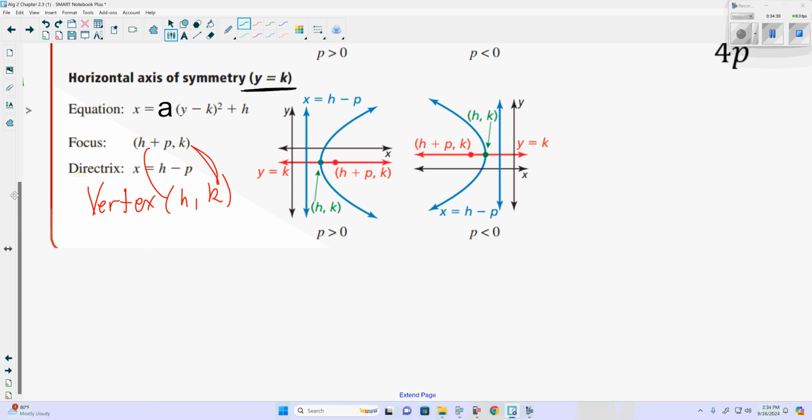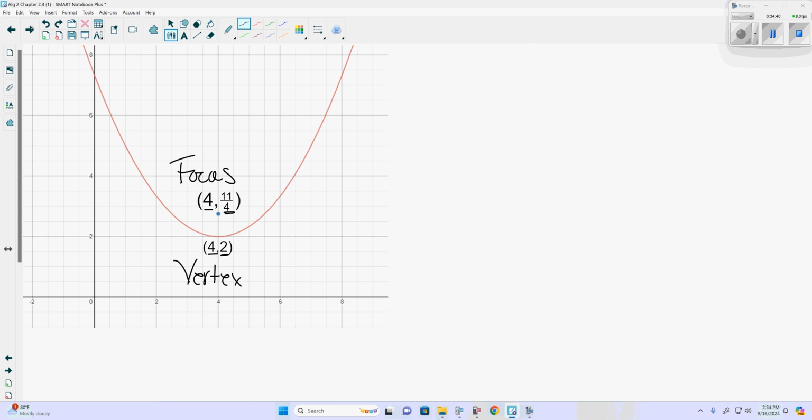If it didn't, here, h to h plus p. Doesn't matter what it is, but it is changing. We're adding something to it. It could be positive or negative. So if we look at this here, now if we look at the graph, it is indeed going up and down. So this is our y equals a times x minus h squared plus k.